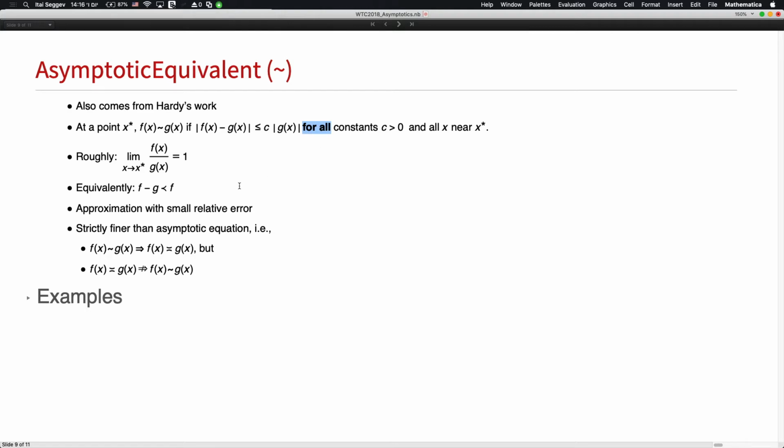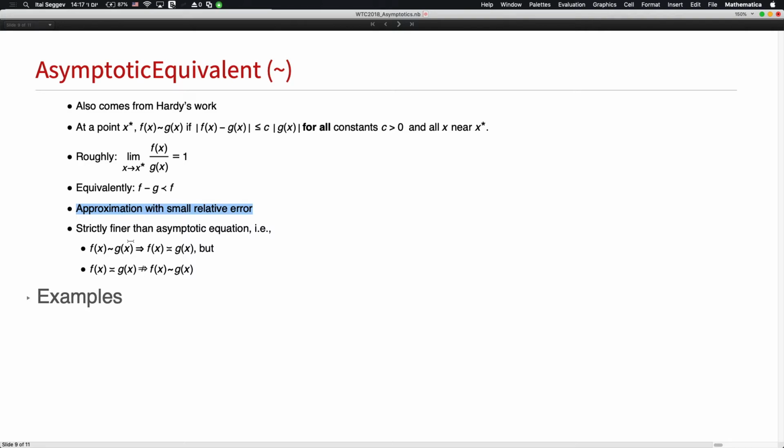So this also comes from Hardy's work, not the same paper as big omega, but a follow-up one. Here's the definition. f is asymptotically equivalent to g if the absolute value of the difference between f and g is less than or equal to C times g of x, for all constants C greater than 0 and all x near x star.